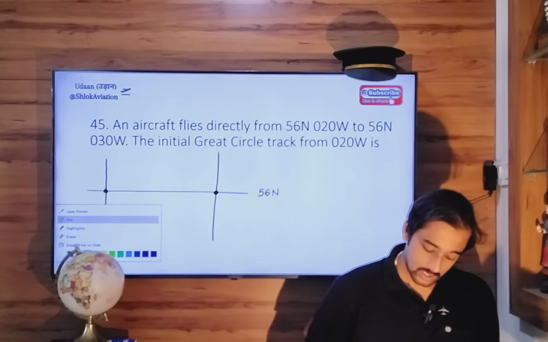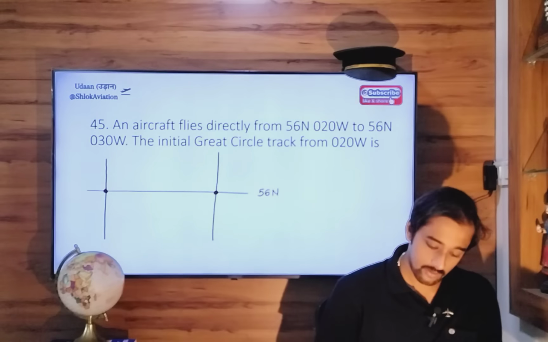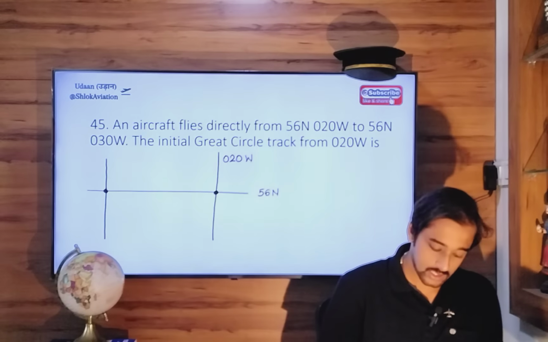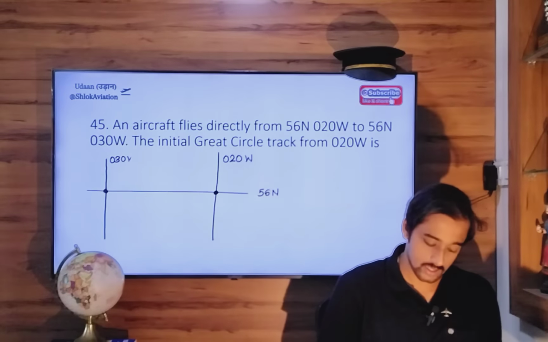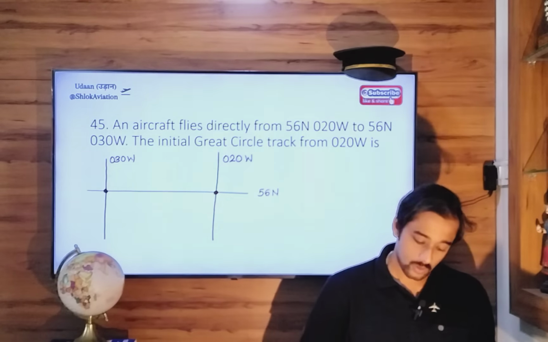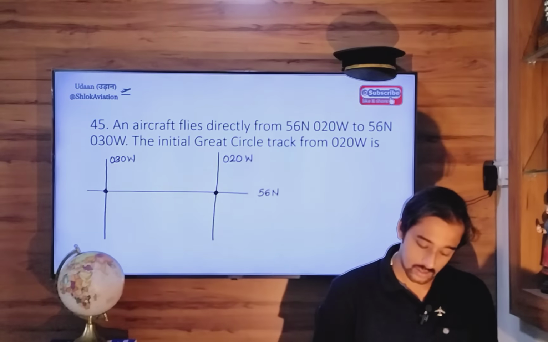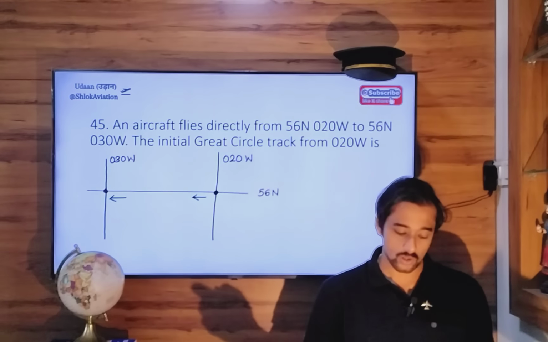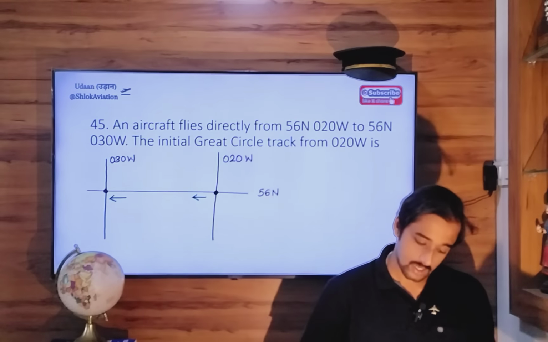This longitude is 20 west and this is 030 west. Flies from 20 west to 30 west longitude. The initial great circle track from 020 west is how much?